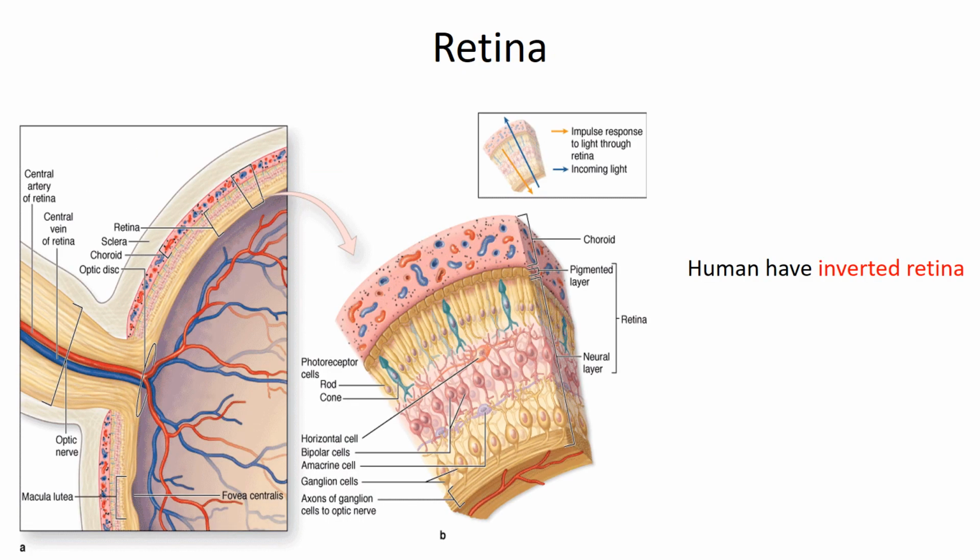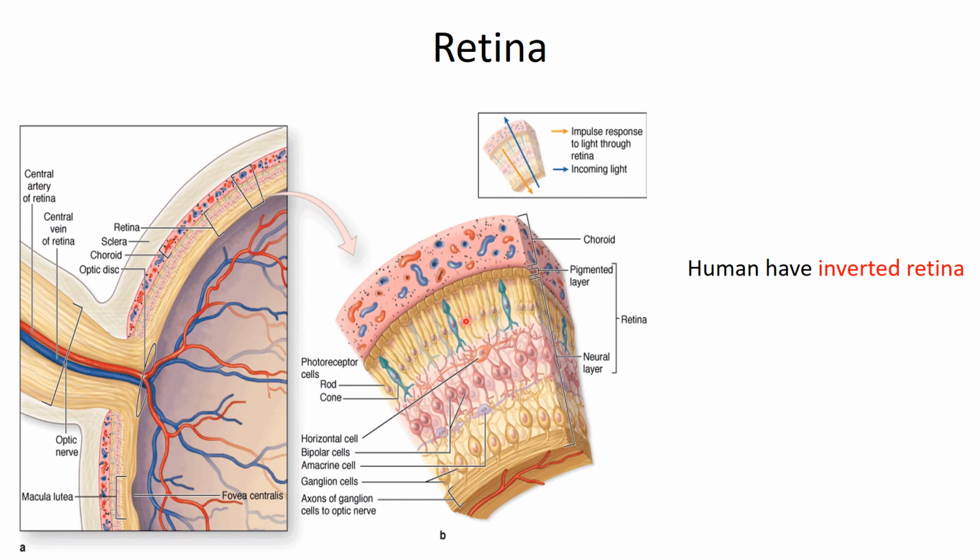Next we will discuss the histology of the retina, then we will summarize. The retina in humans contains photoreceptor cells, the rods and cones, in the outer portion.